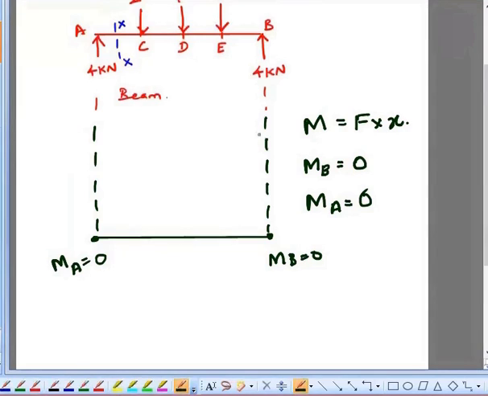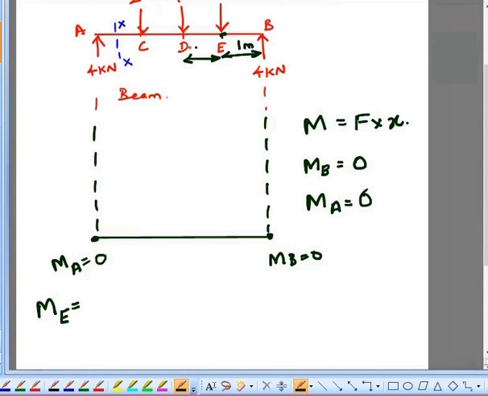Now at point E, what is the moment? You have to consider the distance while calculating the moments.